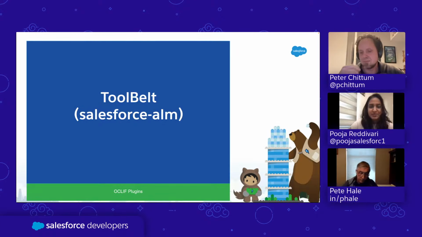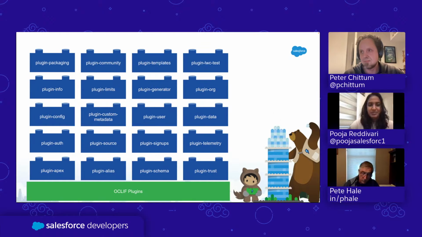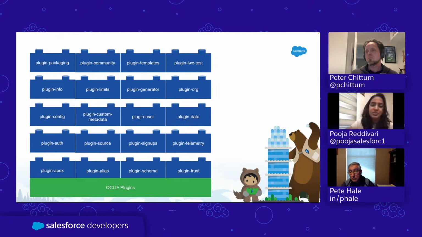And if you can keep going through the other slides, yep. Peter, it really shows how we've broken these down into plugins, and we as a CLI team bring these plugins together to provide you with the core Salesforce CLI experience.